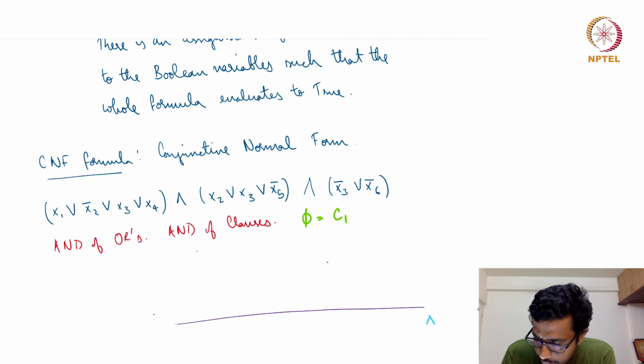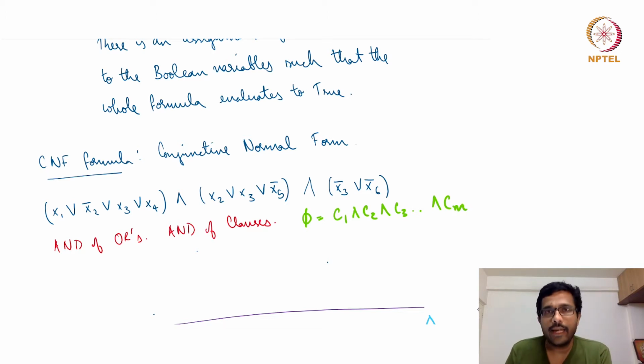So phi is C1 and C2 and so on till Cm. That is an AND of m clauses where each clause is of the form, Ci is of the form xi1 or xi2, and so on.